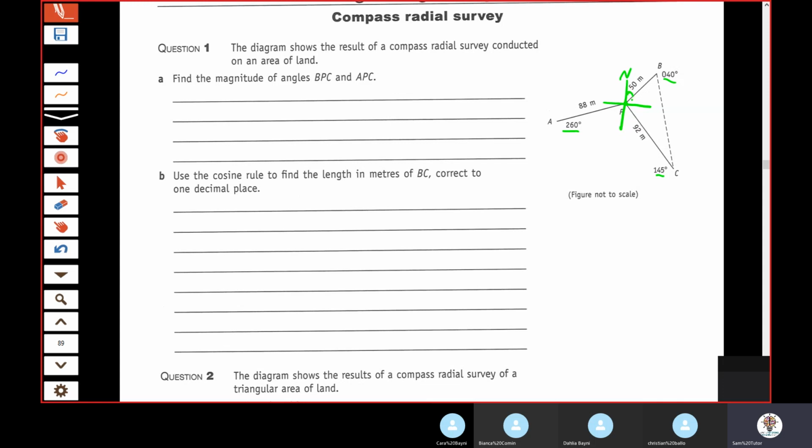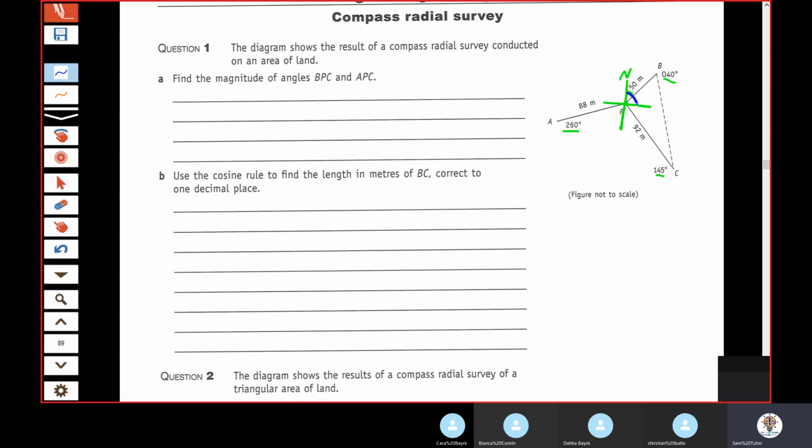That angle there must be 40 degrees. No, wait, the length is 50. The angle is between north and this line, 40 degrees. Let's do another one. I think you'll see it a little better with the next one.